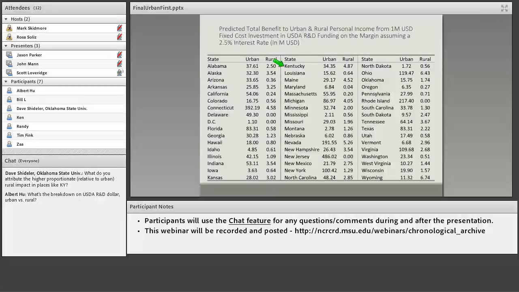But the urban impact is higher, and I frankly think it's probably more of a supply linkage question. So if I'm a researcher and I need to buy a mass spectrometer for my work, so I get a grant and I run out and I buy a mass spectrometer. Well, that mass spectrometer is probably not going to be produced in rural Kentucky.